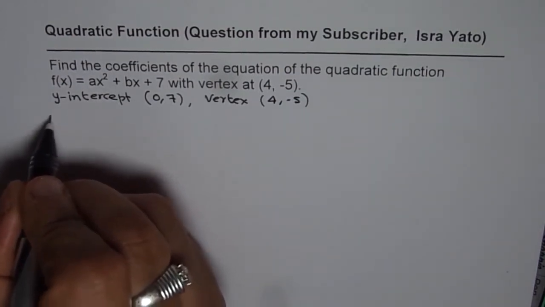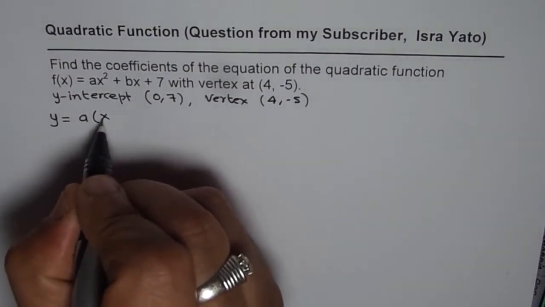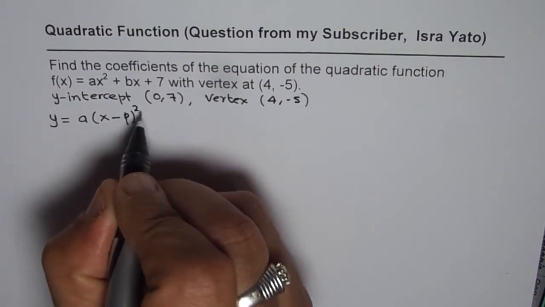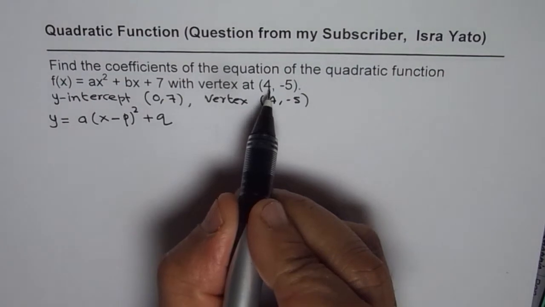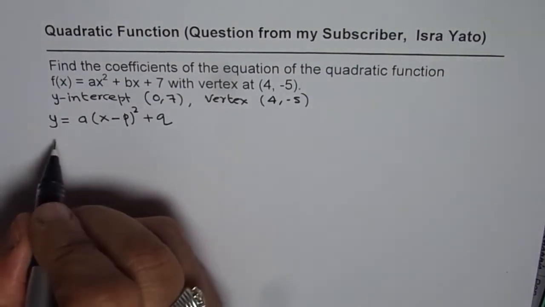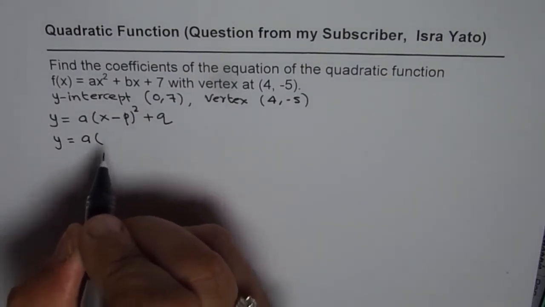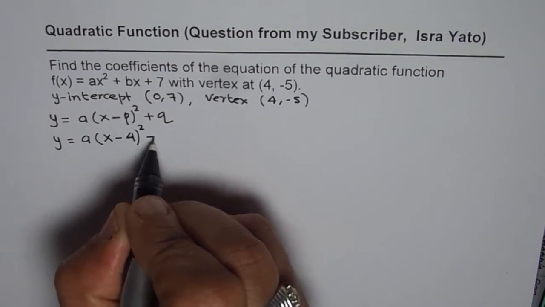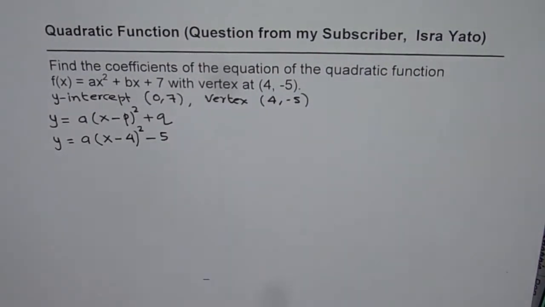We can write a quadratic function in vertex form as y equals a times (x minus p) squared plus q. Since the vertex is at (4, -5), we write y equals a times (x minus 4) squared minus 5.